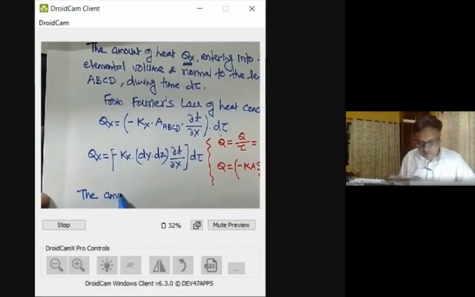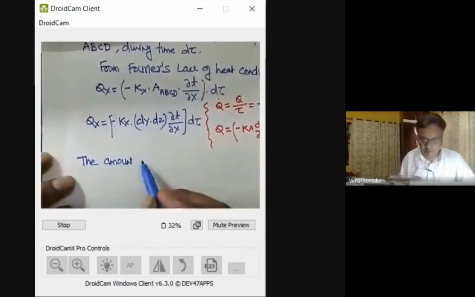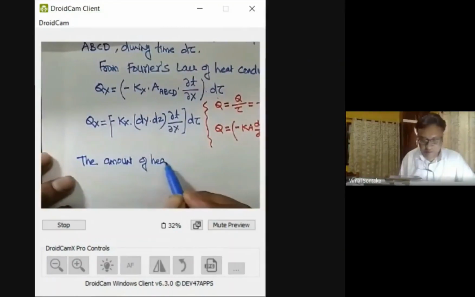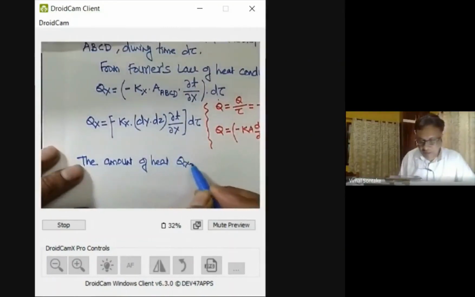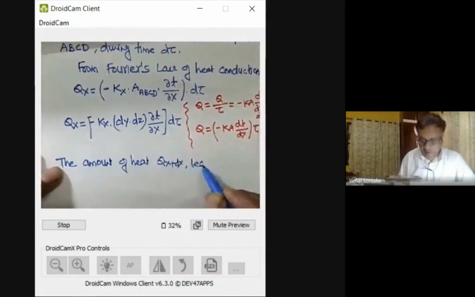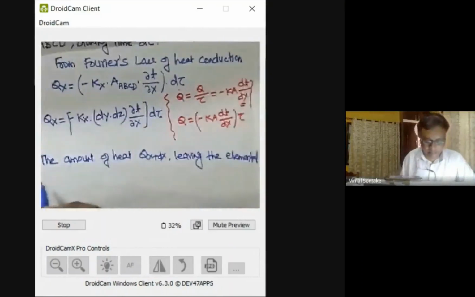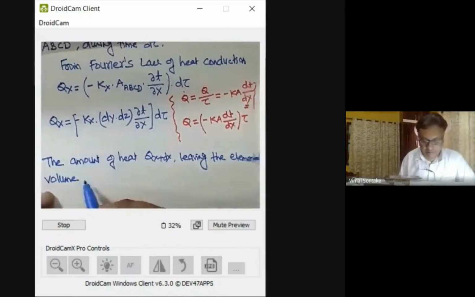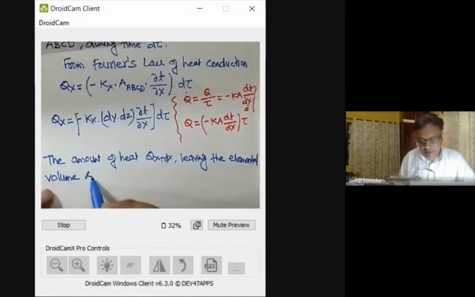Now similarly, the amount of heat Qx plus dx leaving the elemental volume and normal to the face.